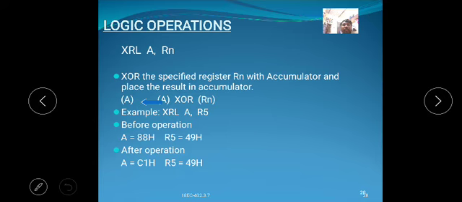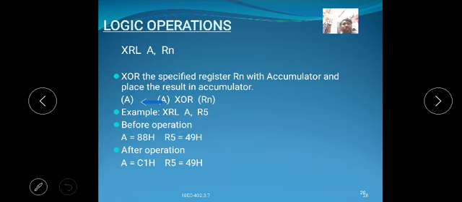For XOR, if the inputs are 0 0, both values are the same, so the result is 0. 1 1, the result is 0. 0 1 and 1 0, these combinations give the result 1.